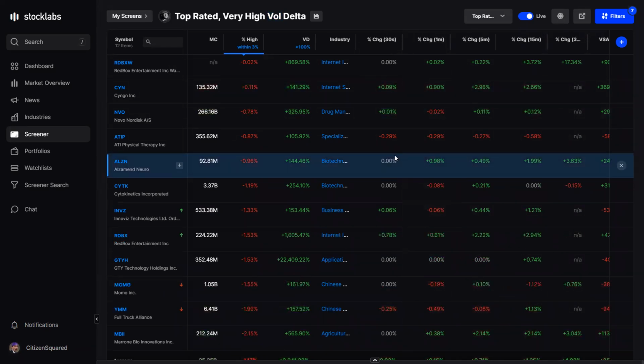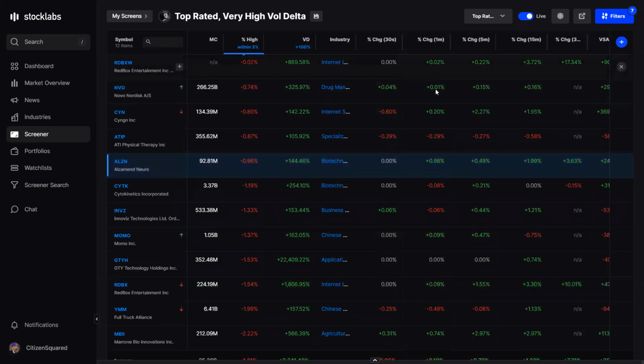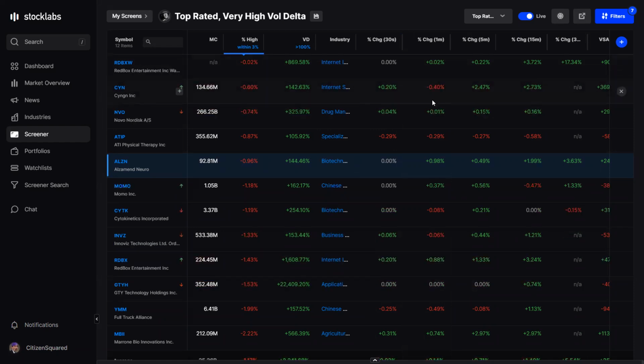So maybe a stock's down 10% on the day, Amazon or something today, but you're running some kind of percent change screener, and Amazon pops up because it just jumped 3% in the last 5 minutes, which is a big move, especially for a stock that large.